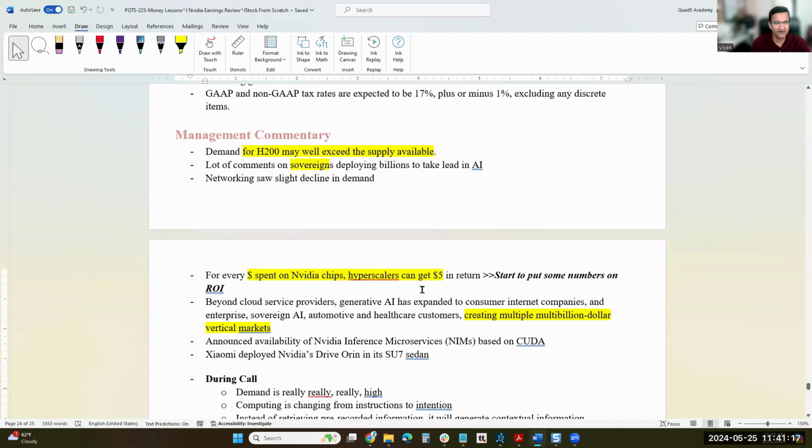So that's a huge ROI. At least we have now started to put some numbers on ROIs. The bigger question is the end businesses who rent compute power from AWS or Google or Azure, will they see an uptick in their business by use of AI? That's a big question.